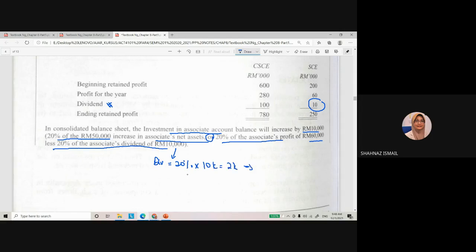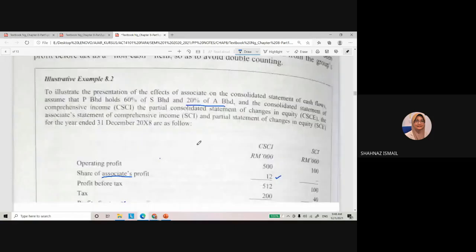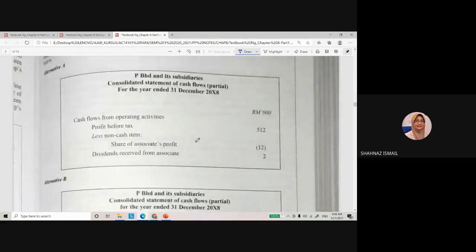Dan ini adalah dividends received. Okay. Kenapa 20%? Sebab ownership dia 20%.